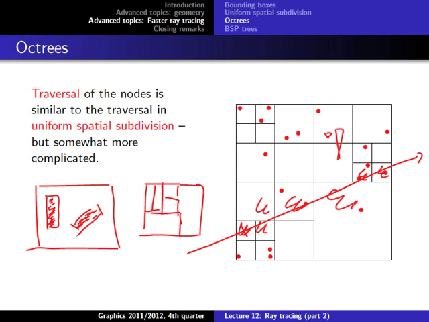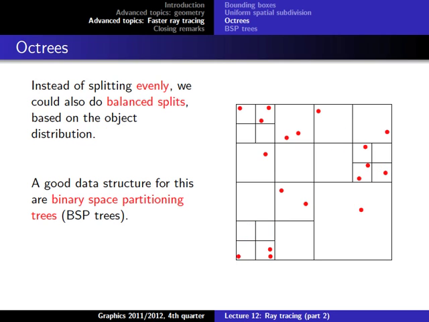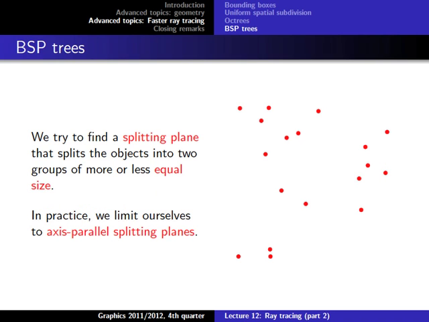So also have rectangular shapes, and this can be done with an approach called binary space partitioning trees. The binary space partitioning trees work in the following way: we start with the whole space, and then, like in the previous case, we split and split until we have cells that only contain a certain amount of objects. In this case, we said 2. So we start by first making a vertical split.